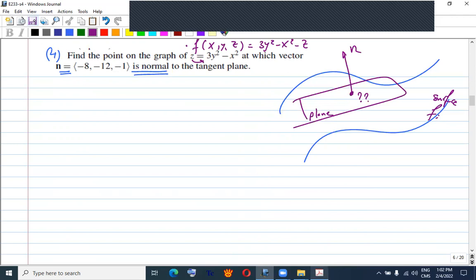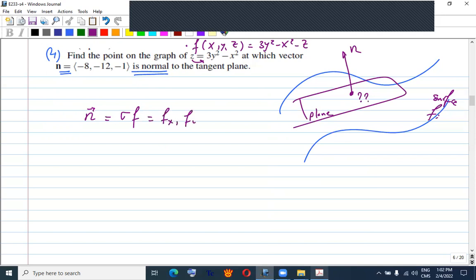Again, it's all about relations. You want to combine all the properties. So anytime they say normal to a surface and you have a tangent plane, it pops into your mind that your n vector is the same as the gradient of f. That's it.